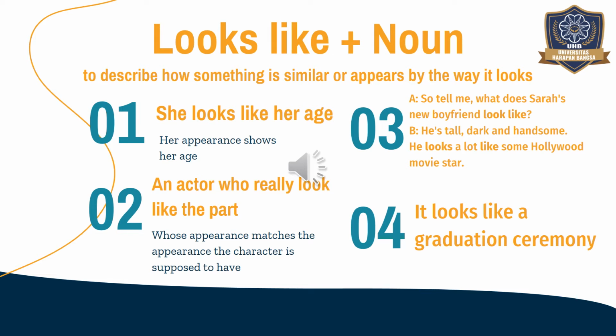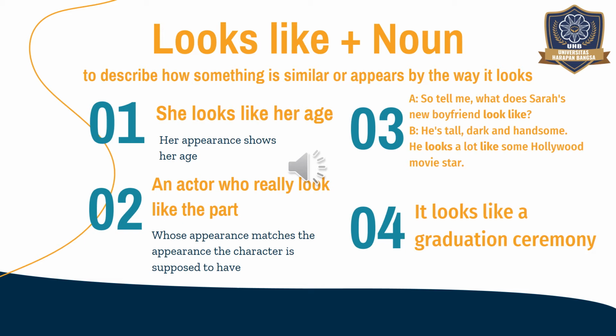Number 1, she looks like her age. It means her appearance shows her age. Number 2, an actor who really looked like the part. The sentence means the actor's appearance matches the appearance the character is supposed to have.